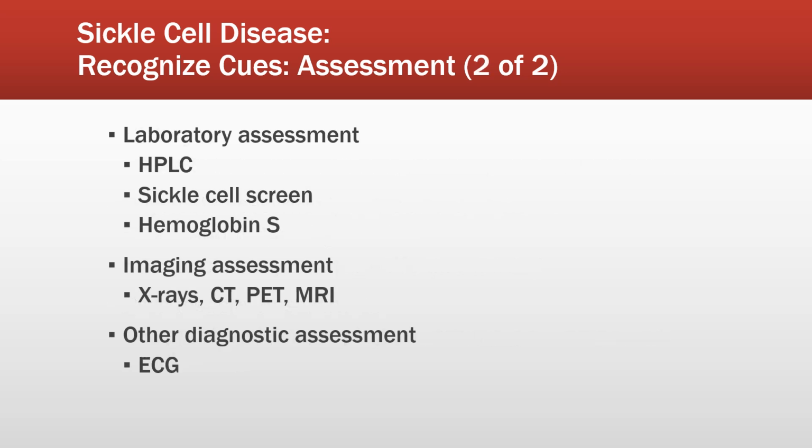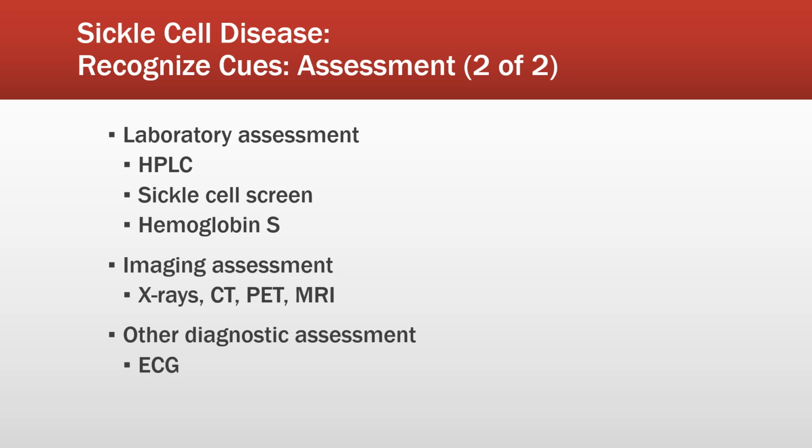Now the diagnostic tests we see for patients that have sickle cell, or to confirm the diagnosis of sickle cell. There's blood work, there's imaging, and then there's others. With your blood work, there's a test called high performance liquid chromatography, or HPLC. This particular exam is going to identify the types of hemoglobin present and at what level they are present.